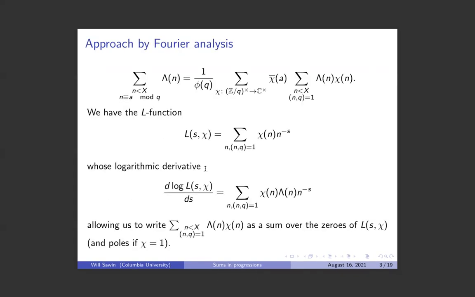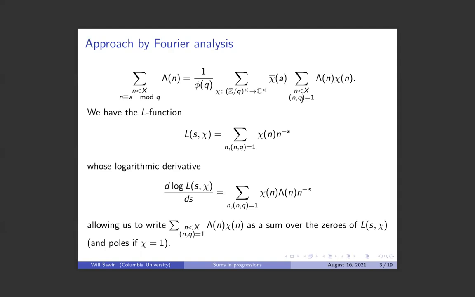So there's one very natural central approach to this problem, which is by Fourier analysis on the multiplicative group mod q. What we're going to do is take our sum over n congruent to a mod q and write it as an average over characters chi from the multiplicative group mod q to the complex numbers of the sum of lambda, the von Mangoldt function, against chi, at least over numbers relatively prime to q.